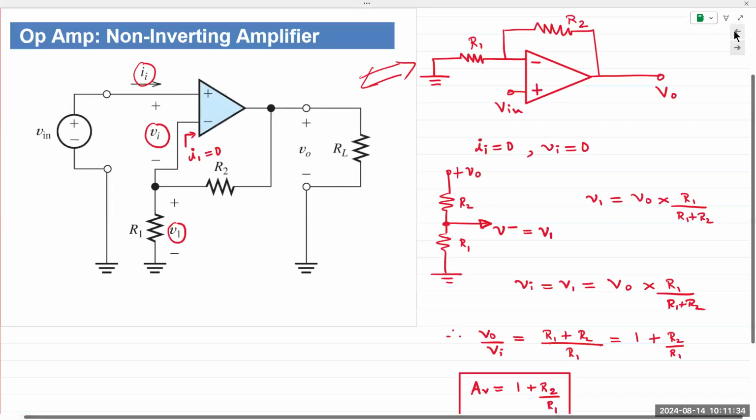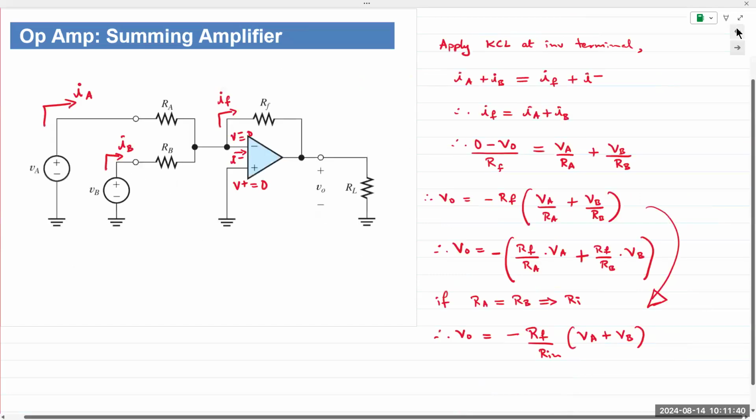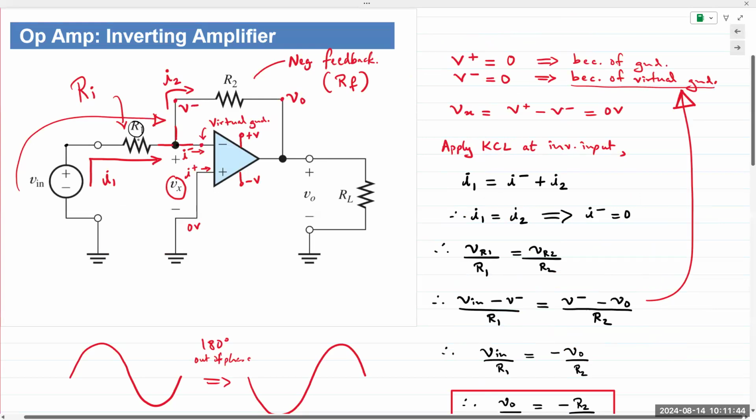That was for the non-inverting, now for the inverting amplifier. So the standard inverting amplifier has one resistor in the input path, which is right here, R1, and a second one providing feedback from the output back to the input. There are a few drawbacks of the circuit.